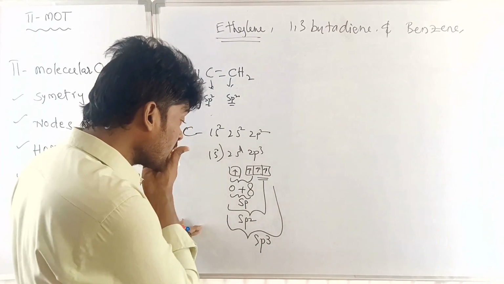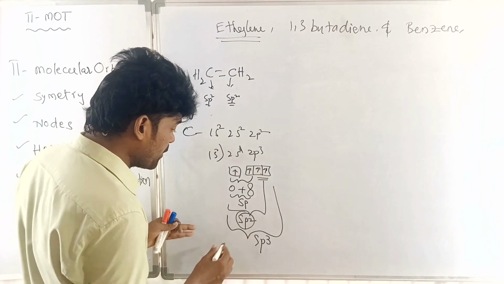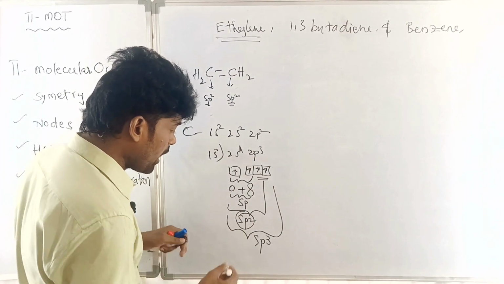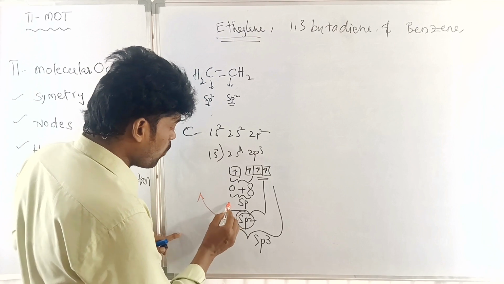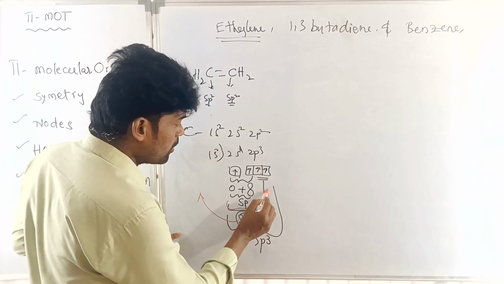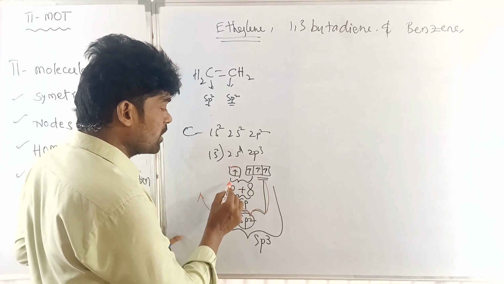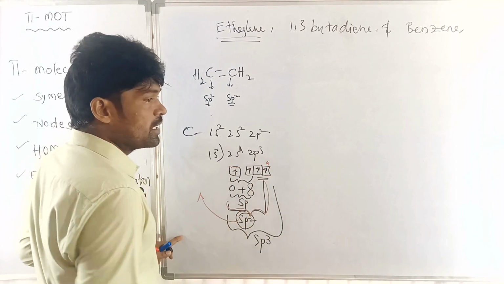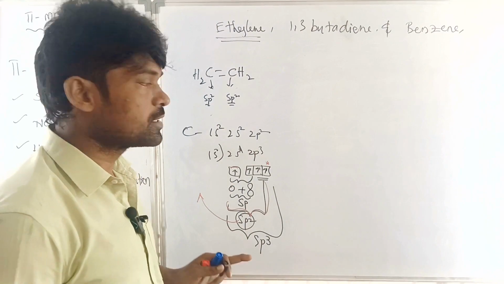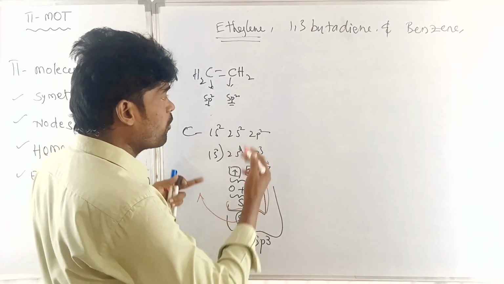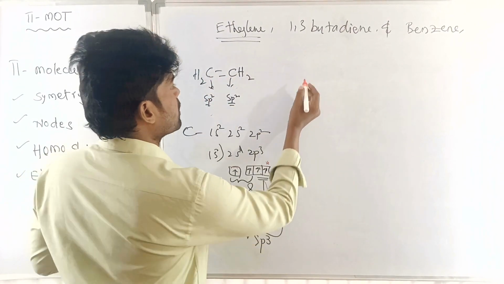Right? Now we are taking the example sp2. sp2 hybridization means one s orbital and two p orbitals undergo hybridization and the remaining one is in the unhybridized state. How will the structure be? Let's check.